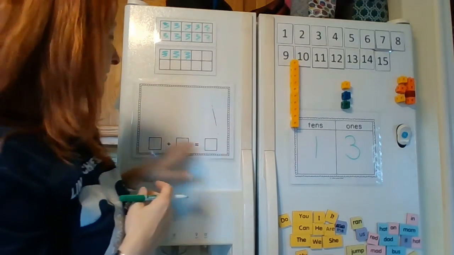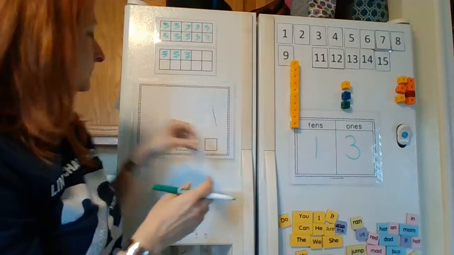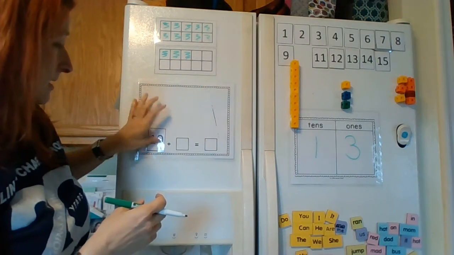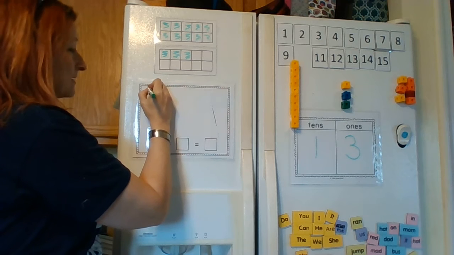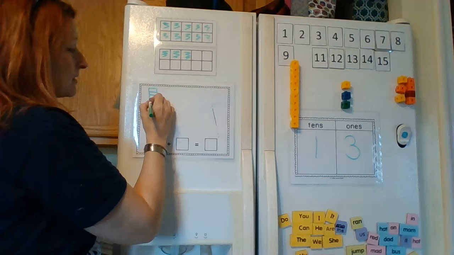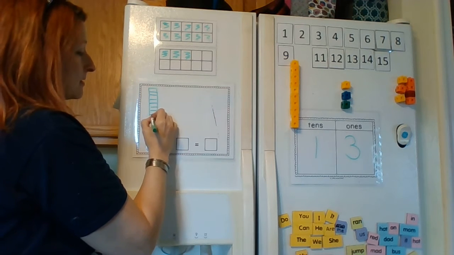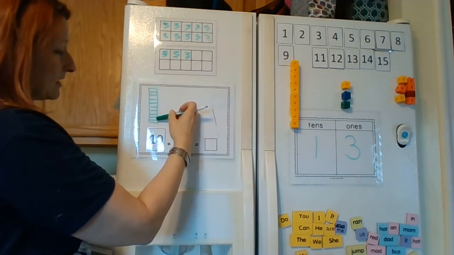So then down here for our math problem, we're going to take our 10 here, and that's 10. So if I wanted to draw, I would have 10 things over here, and I'm just going to draw like this. That's 1, 2, 3, 4, 5, 6, 7, 8, 9, 10.